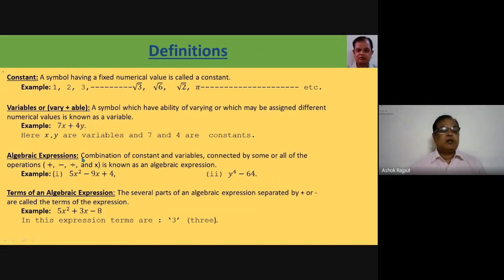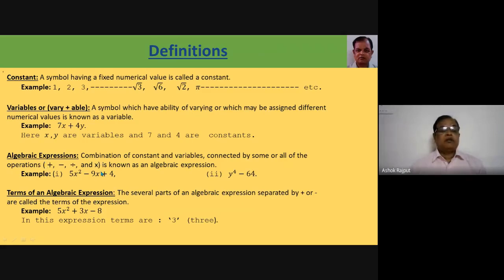Algebraic expression: a combination of constants and variables, connected by some or all of the operations. Operations means in mathematics we calculate only four things: plus, minus, division, and multiplication.